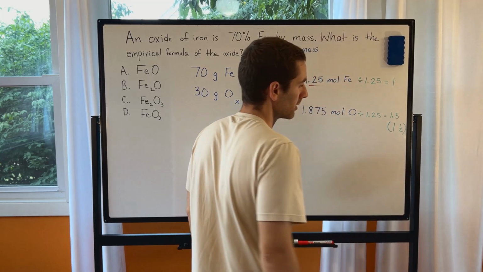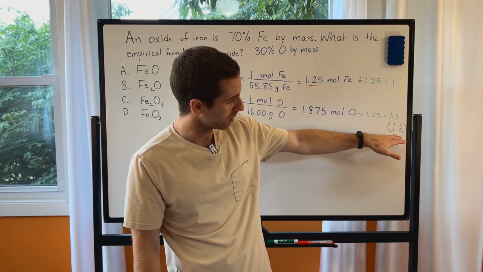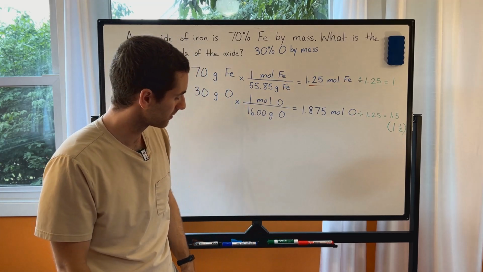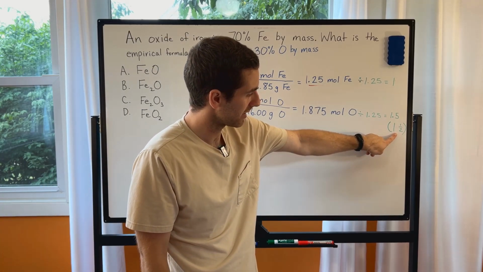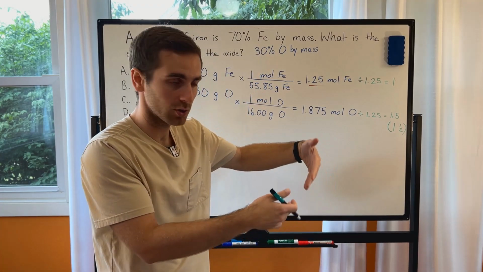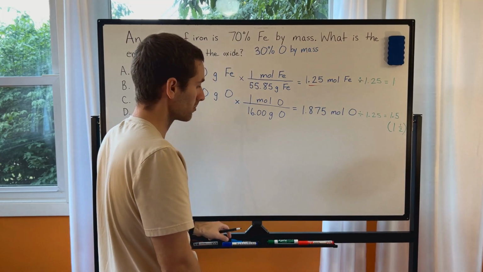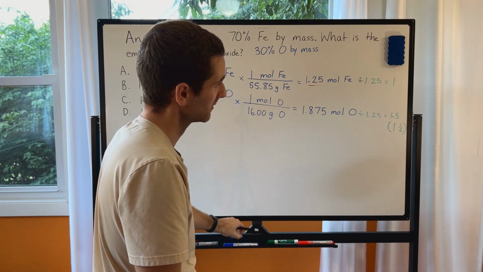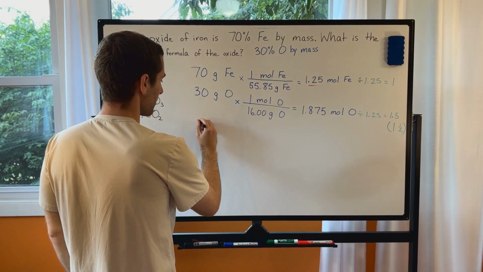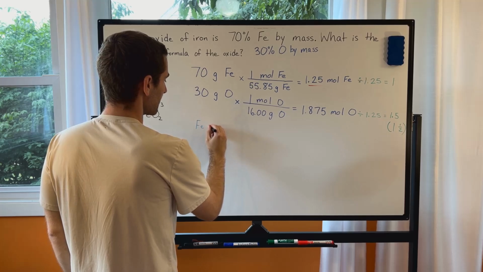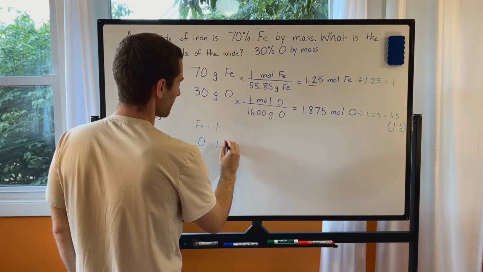If you don't get a whole number or close enough to a whole number, but you do get a clean fraction or close to a clean fraction, then you multiply by the smallest whole number necessary to make it a whole number. So right now we're at Fe is a 1, oxygen's a 1.5.